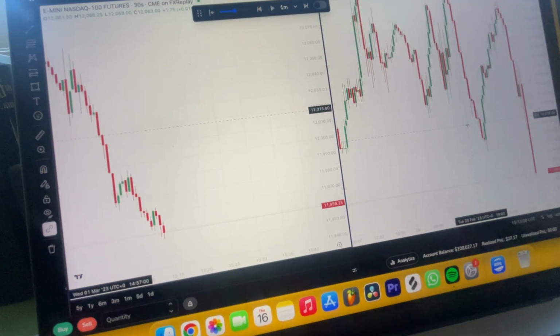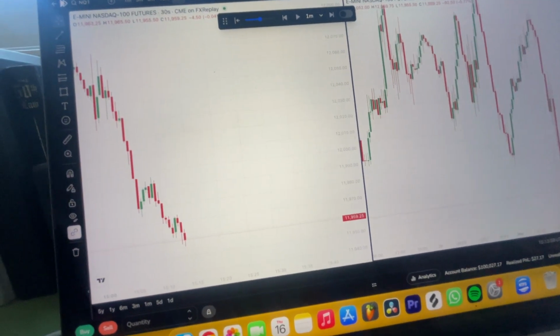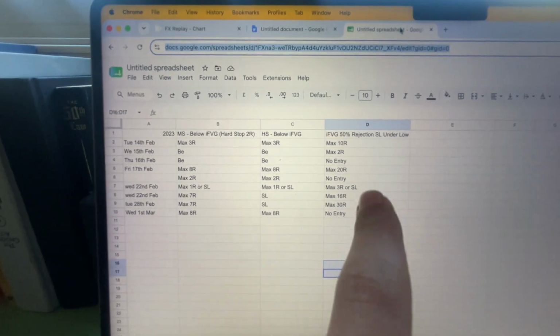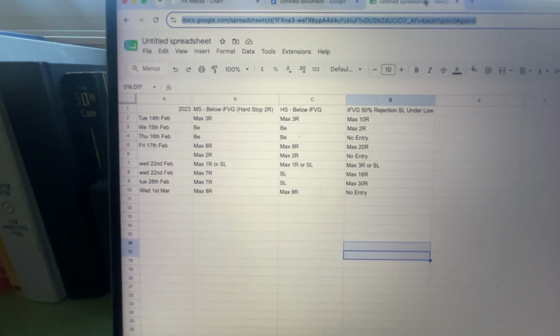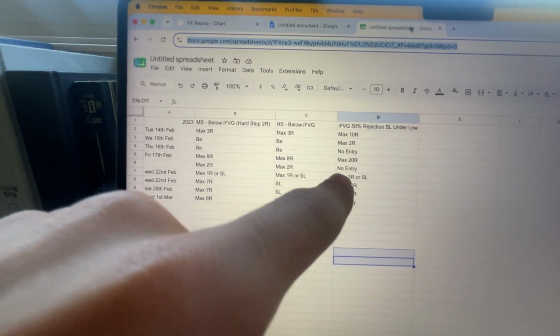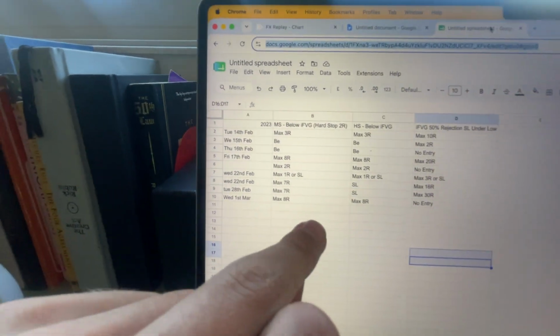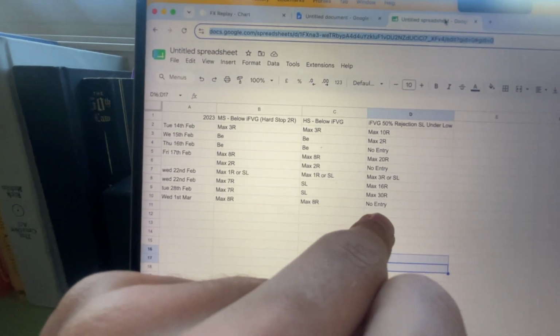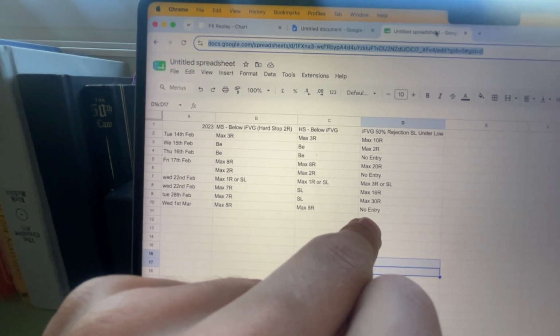But anyway, what I wanted to show was my findings. This rejection one absolutely blows the rest out of the water. The only difficult part is that sometimes you miss entries. For example, this one here hit a max of 8R, and this one didn't trigger.